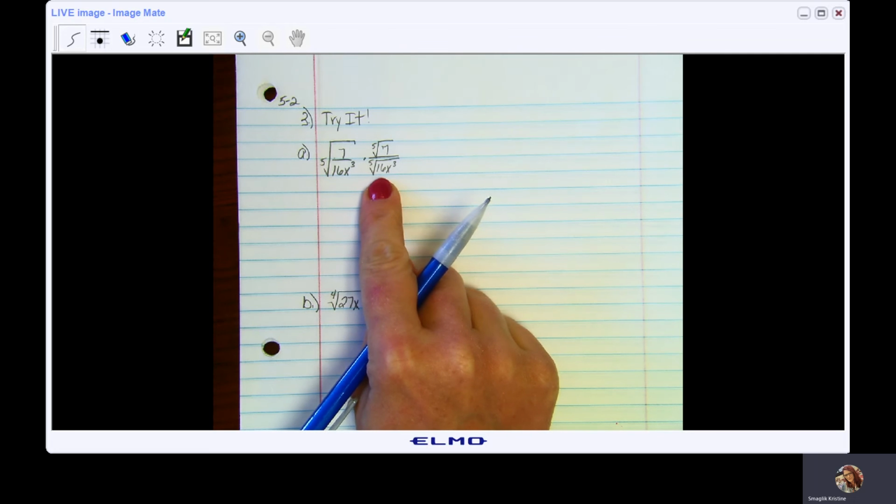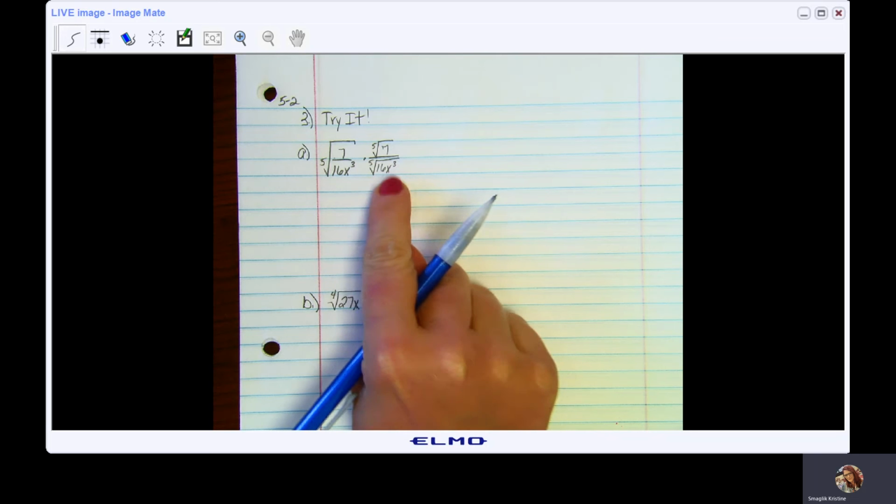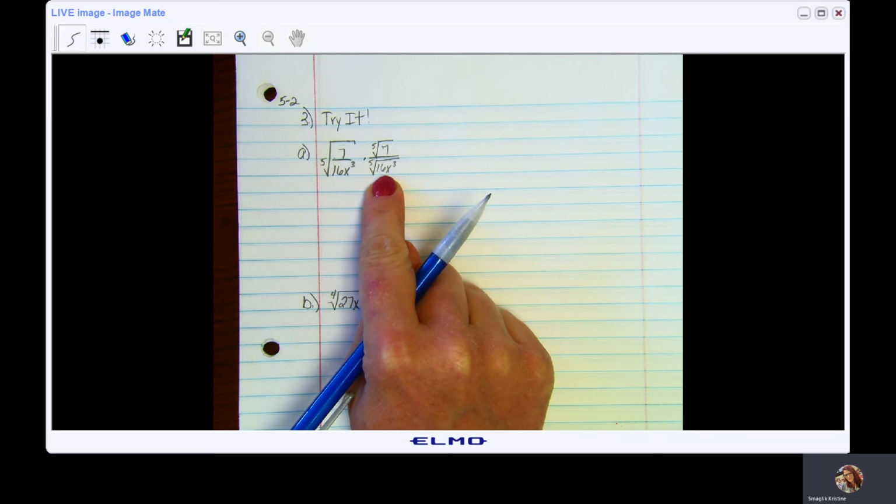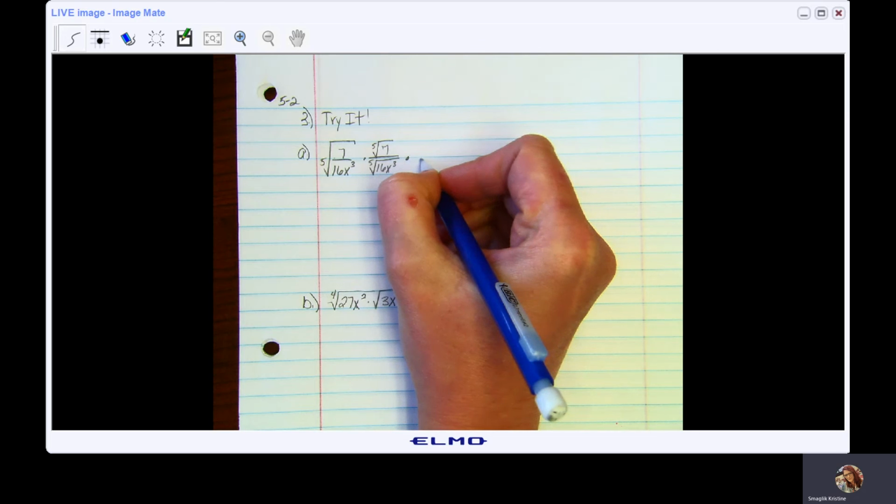Now, I need to multiply by some number that when I do, I'm going to get a perfect 5th root in the denominator. So let's take a look at what we got.